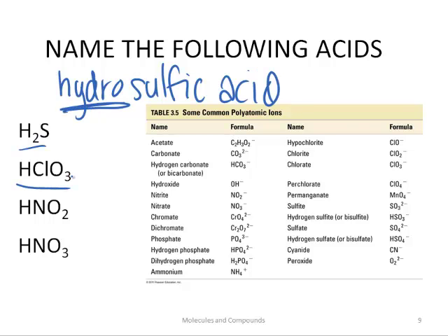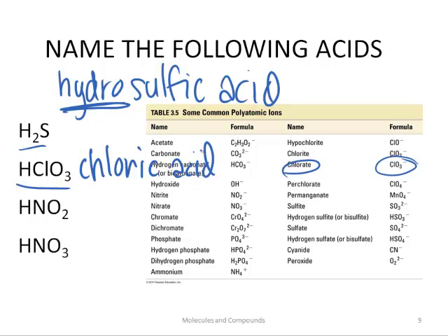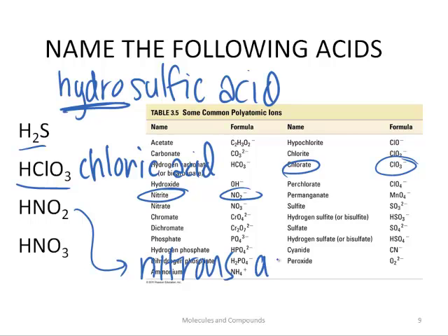HClO3, what polyatomic ion was that? Well, that's our ate polyatomic ion, chlorate. So this is chloric acid. HNO2, where's that? Well, HNO2 would be the nitrite ion, so this is going to be nitrous acid.